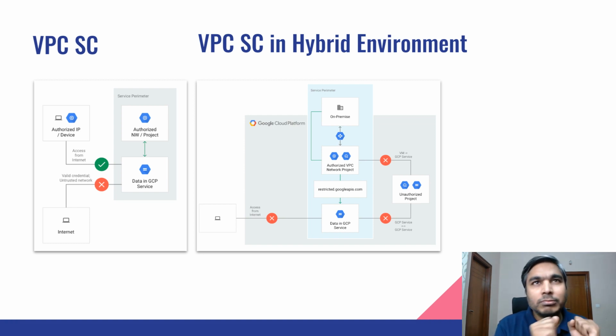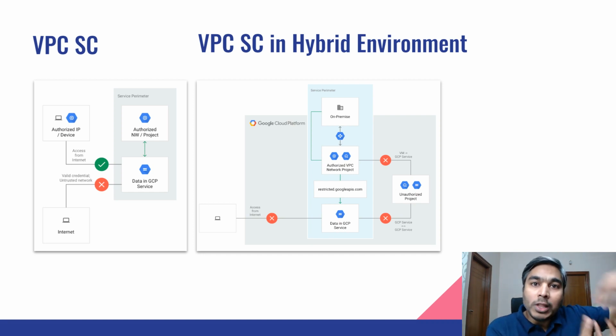But then is it not too complicated if you need some kind of flexibility for a specific application to let it read data coming from outside the perimeter? Is it possible? So yes, we can configure ingress rules and egress rules, which will let you define who can read this data from outside.